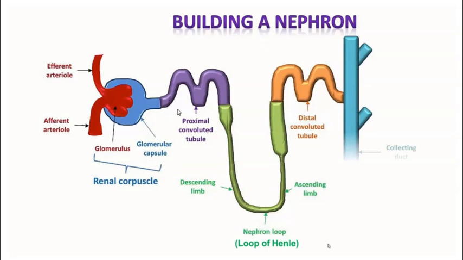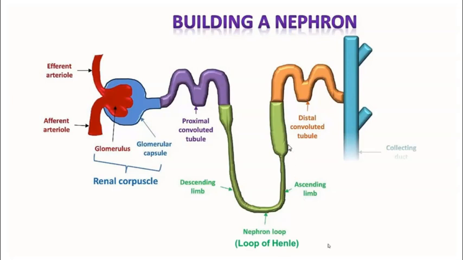The first region of the renal tubule that the filtrate will enter is this purple region here that you see on this diagram called the proximal convoluted tubule. The proximal convoluted tubule will direct that filtrate into a U-shaped region called the nephron loop. It's also called the loop of Henle.